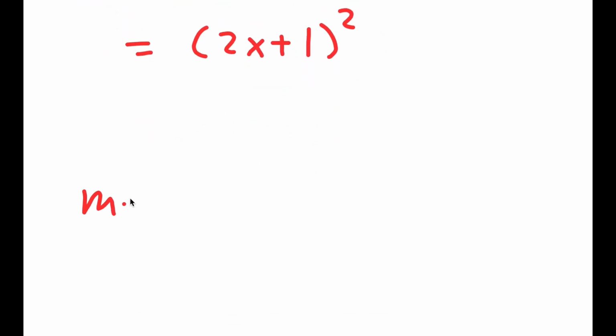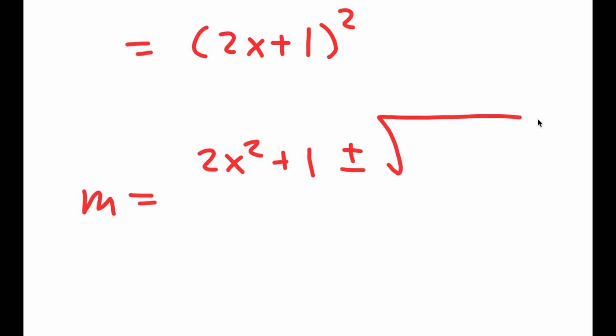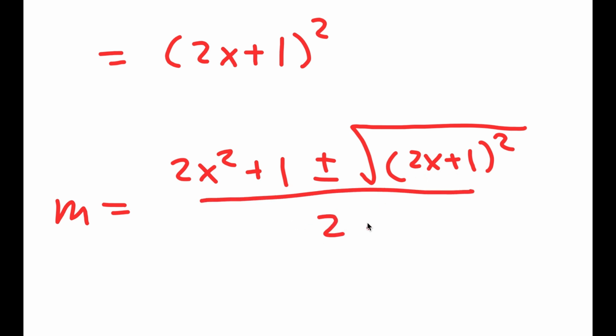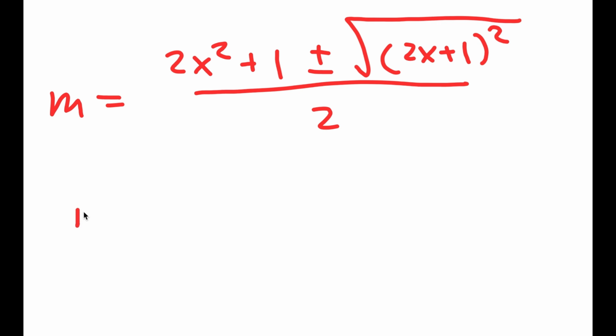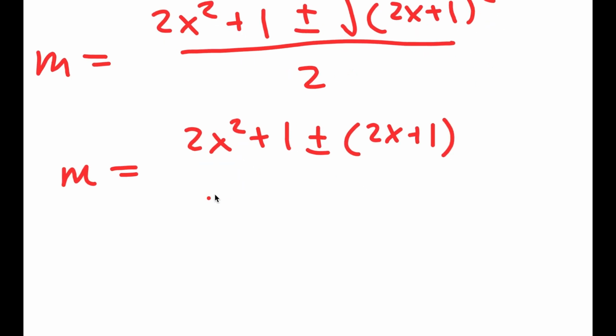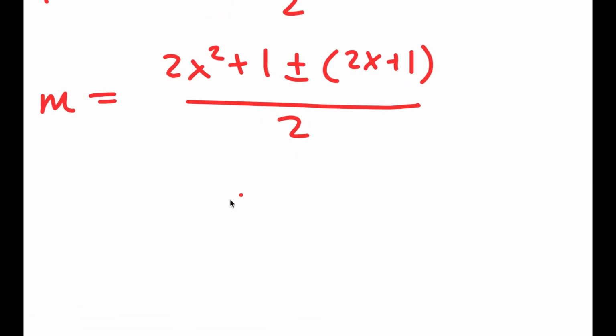Meaning, I have m is equal to (2x squared plus 1) plus or minus the square root of (2x plus 1) squared, all over 2 times 1, which is just 2. And this is equal to (2x squared plus 1) plus or minus (2x plus 1), since the square root of (2x plus 1) squared is just 2x plus 1, all over 2. So this gives me two values of m.